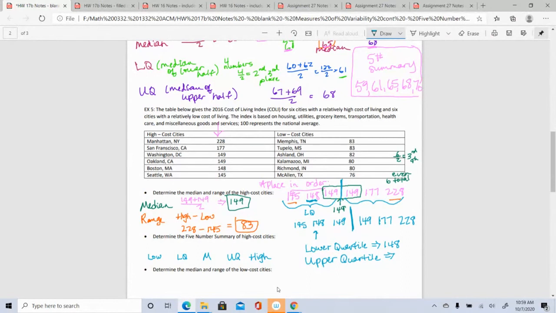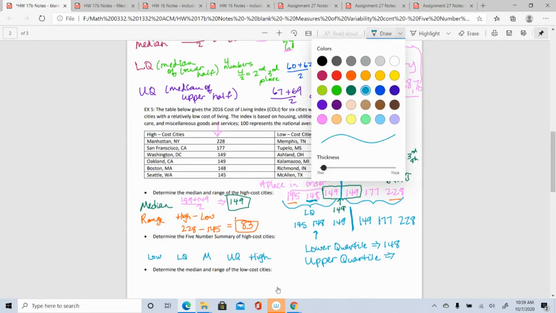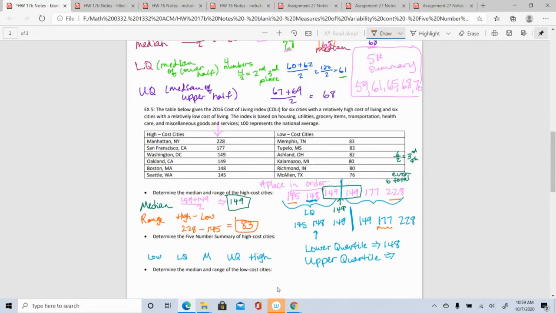So we're using the lower three and we're using the upper three numbers. What's in the very middle? I'm just kind of writing it here so you can see it a little bit better. The one in the very middle is 177. Upper quartile, lower quartile.